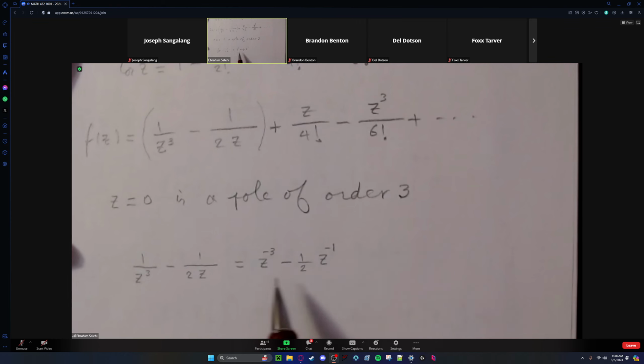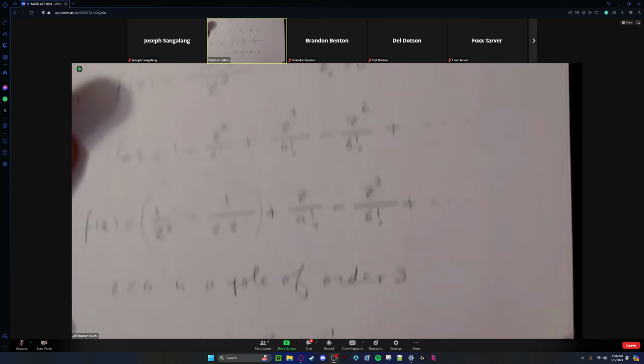Here we have just two of them, right? You can have 10 or 100, that's okay. But if you have infinitely many of these terms, that is when you call it essential singularity.